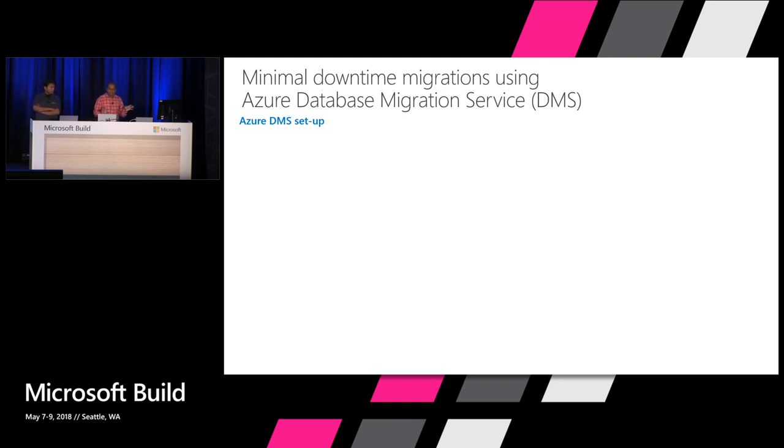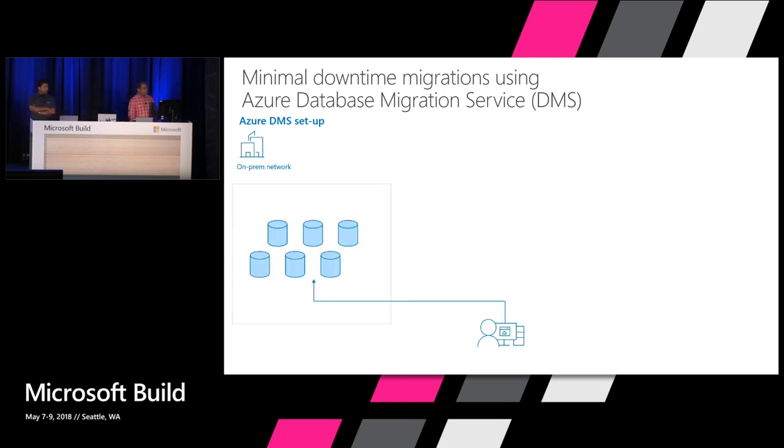Let me explain how that simply works before I go to the demo. So you got your on-premises network here. Within that on-premises, you got an application which references a bunch of databases. And now you want to migrate to cloud. You created all those databases, you deployed the schema, everything is ready to do the actual migration.